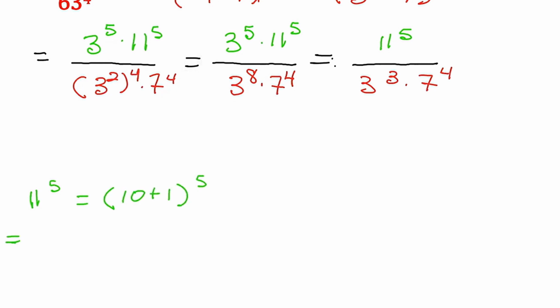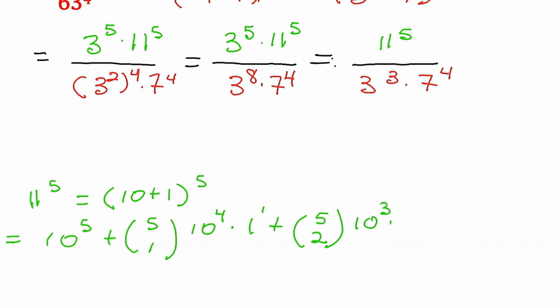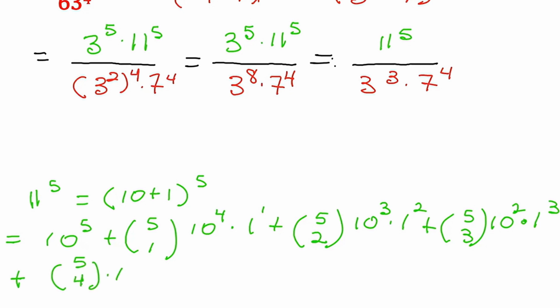By the binomial theorem, I would have 10 to the fifth plus 5 choose 1 times 10 to the fourth times 1 to the 1, plus 5 choose 2 times 10 cubed times 1 squared, plus 5 choose 3 times 10 squared times 1 cubed. Plus 5 choose 4 times 10 to the first power times 1 to the fourth.